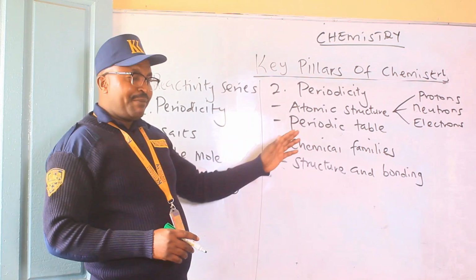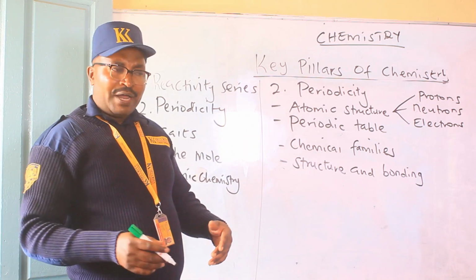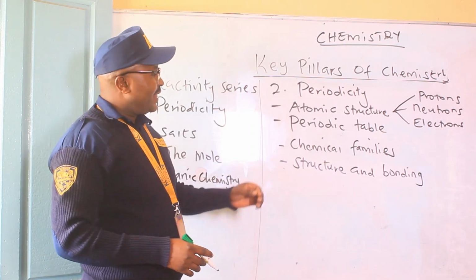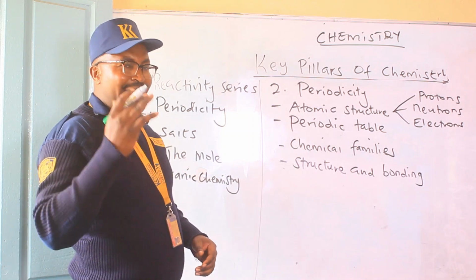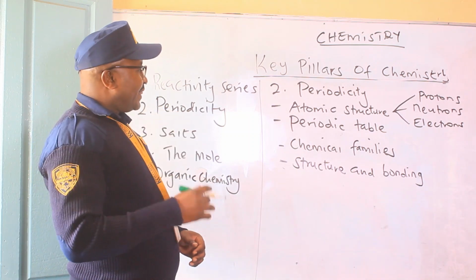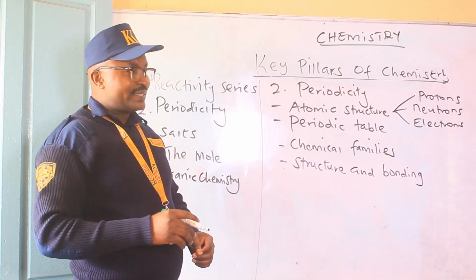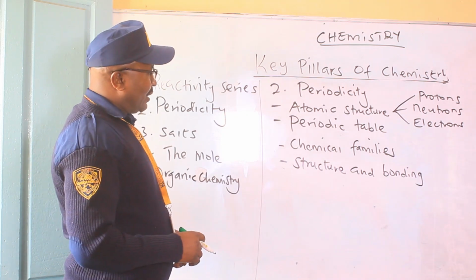Then we have chemical families. We have 4 chemical families. We have the group 1 elements, which are referred to as the alkali metals. Then we have the group 2 elements, which are referred to as alkaline earth metals. Then we have the group 7 elements, referred to as halogens, and then the group 0, which are the noble gases.